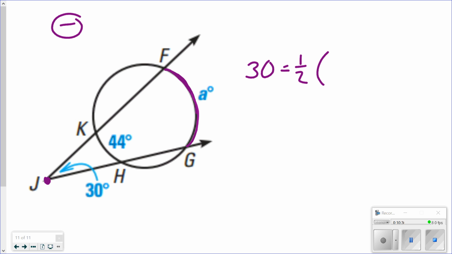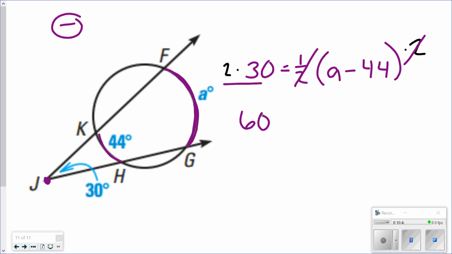Remember, I have to use the larger arc first, so A needs to go here, minus our second arc, which is 44. Let's solve for A. So I'm going to multiply each side by 2. So these would cancel out. 2 times 30, we get 60, is equal to A minus 44. We add 44 to each side, and 104 then is equal to A.